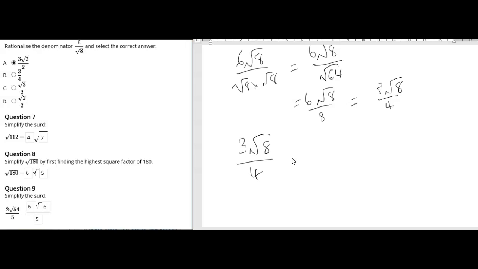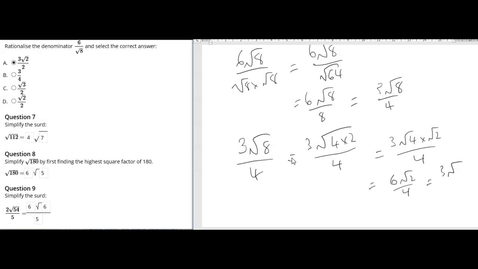Spoke too soon. The square root of 8 can be simplified. Square root of 8 becomes root 4 times root 2. So that's 3 times root 4 times root 2 over 4. And then we've got 3 times 2, which is 6, and then we can simplify this.